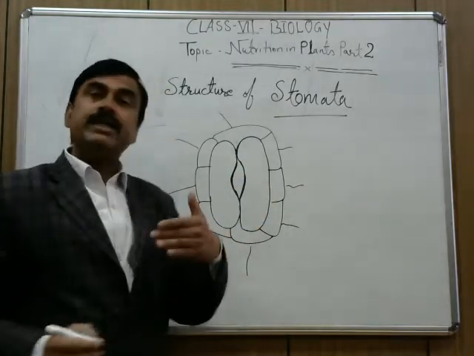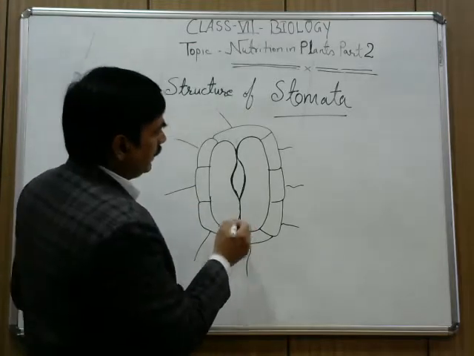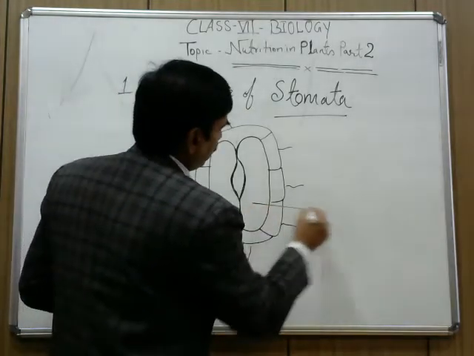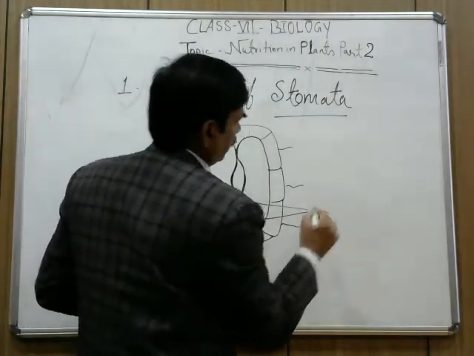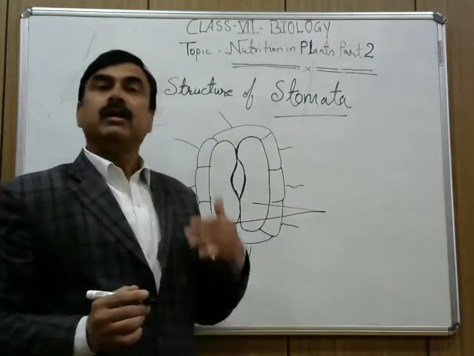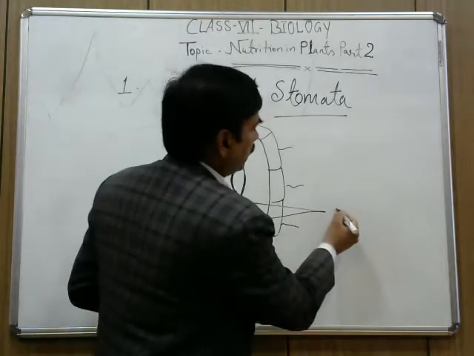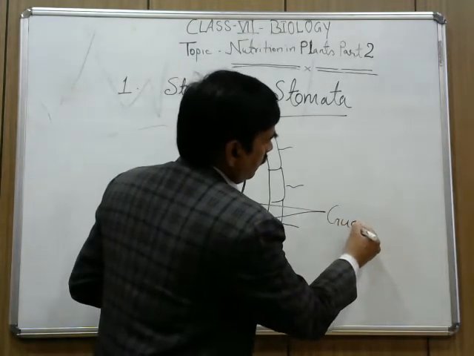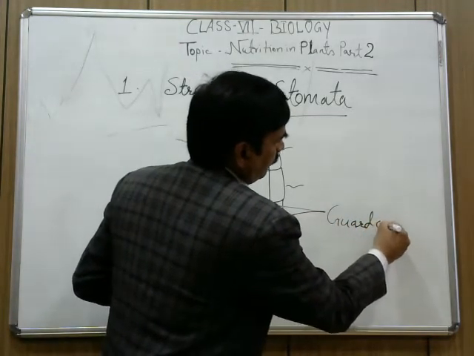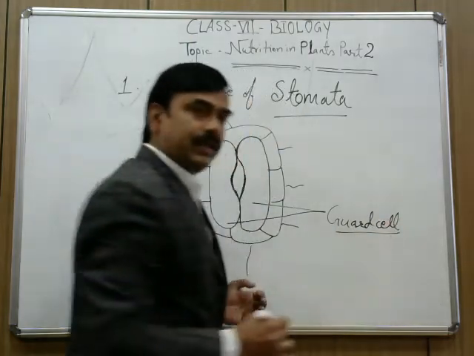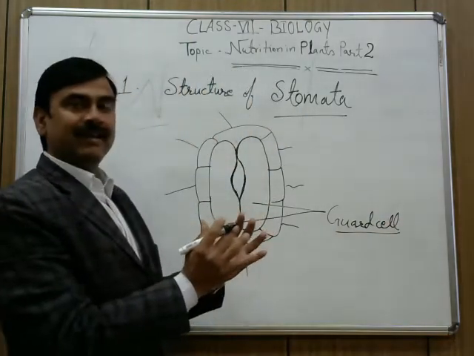These kidney shape structures you can see are called bean-shaped, kidney-shaped. What are these? Guard cells.